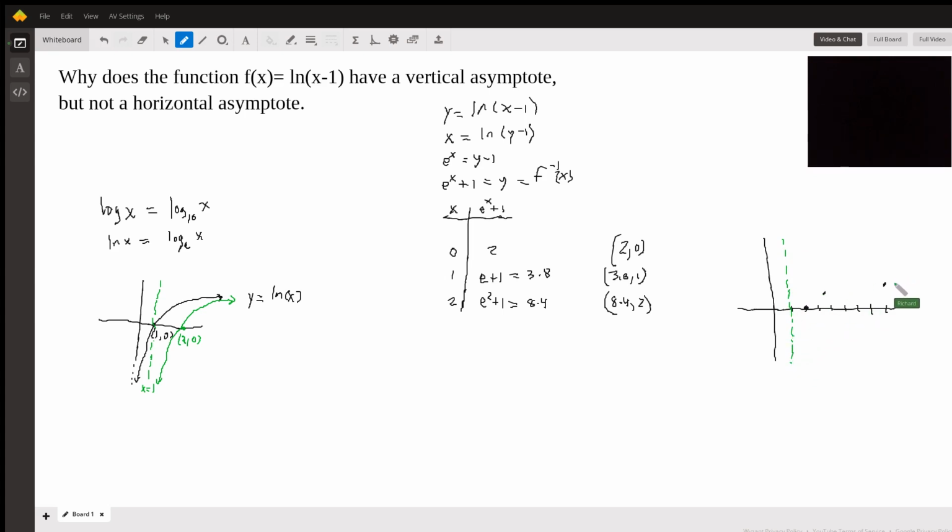And you can see how this is coming down like that. And it's going up as x goes up. It moves gradually up, but it's still moving up the bigger x gets.